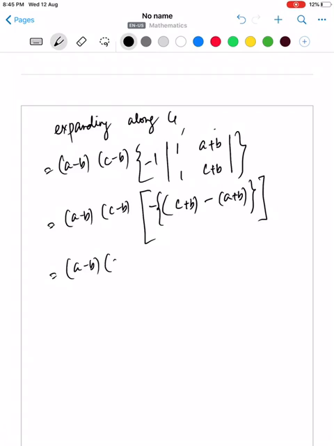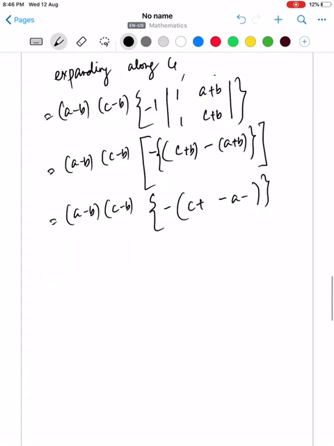Okay, so let's see what you have. A minus B, C minus B. This one is how much? Minus of, what are you getting? C plus B minus A minus B. So this one gets cancelled, it goes away completely.